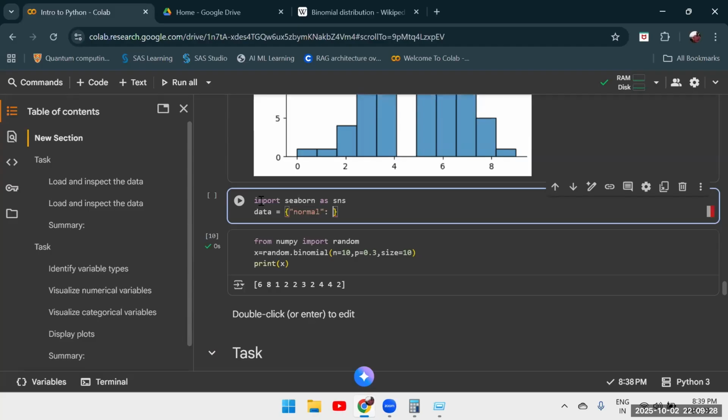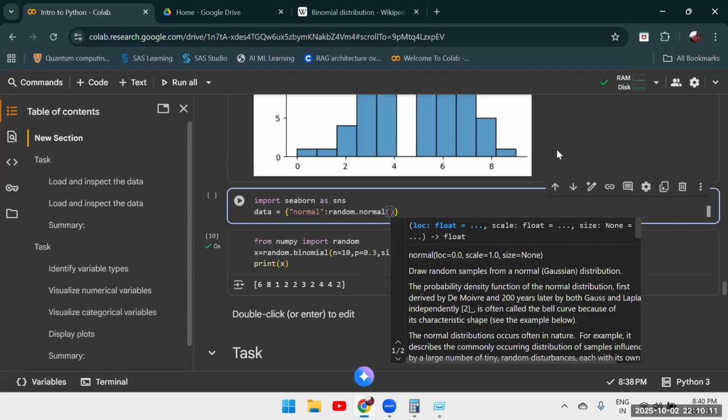So how can I create a normal distribution, Sashi, Raghav? What function do I need to invoke for a normal distribution? Yeah, random.normal, right? For a normal distribution, what are the parameters that are required?